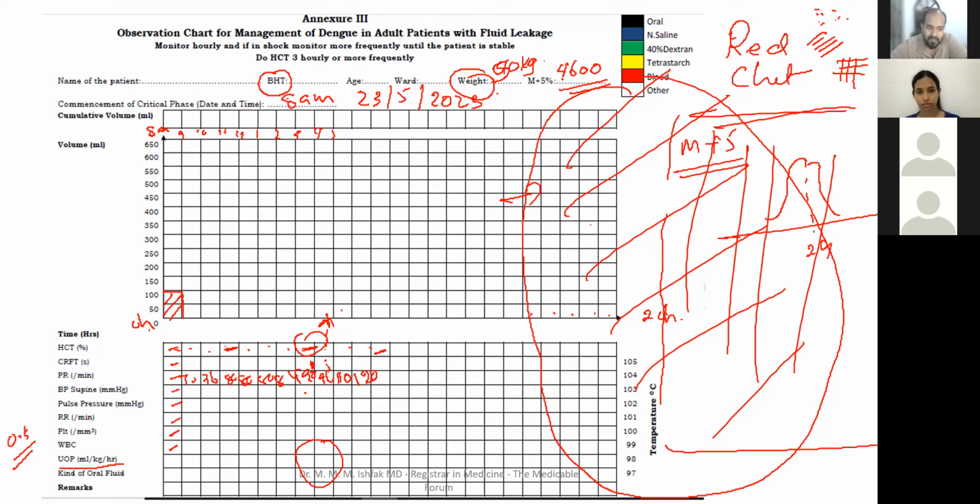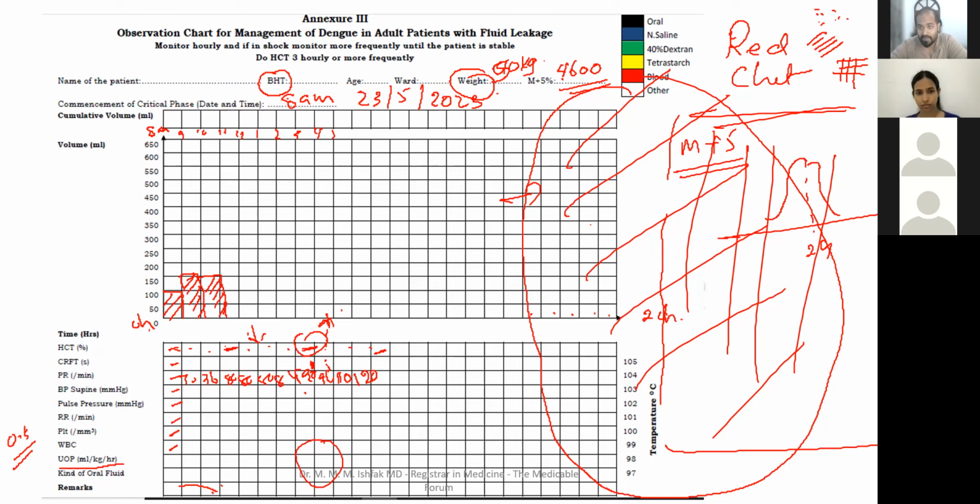So let's say the urine output starts to reduce. What you can do is slightly increase the fluids. Let's say now you give 150 cc per hour for a few hours. Let's say during this period you detected the patient going into shock.